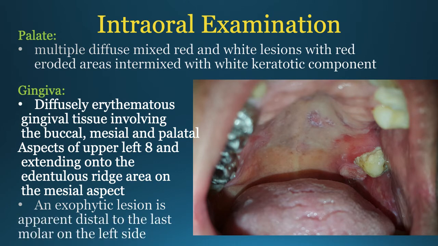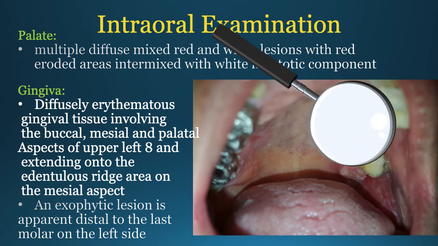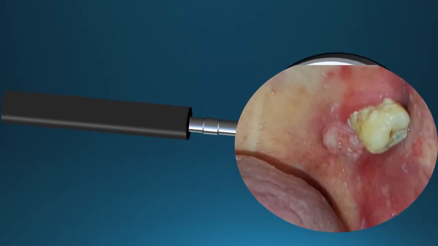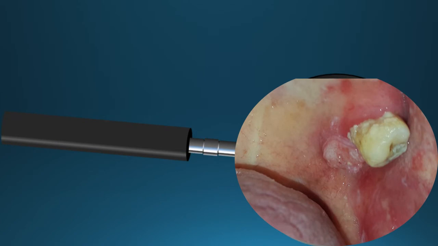Okay, so let's proceed to the exophytic lesion now and magnify this lesion and start with the description. So now we have an exophytic mass. Where is it located? It's located distal to the upper last molar on the palatal gingiva.